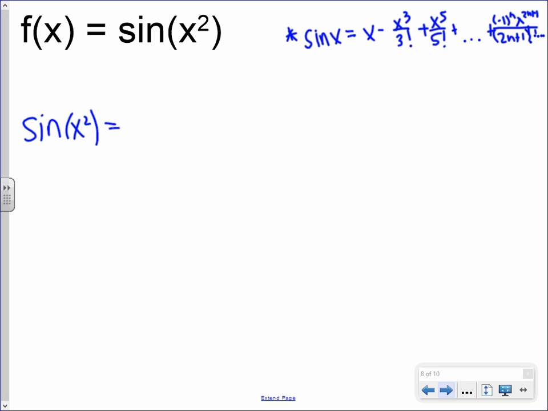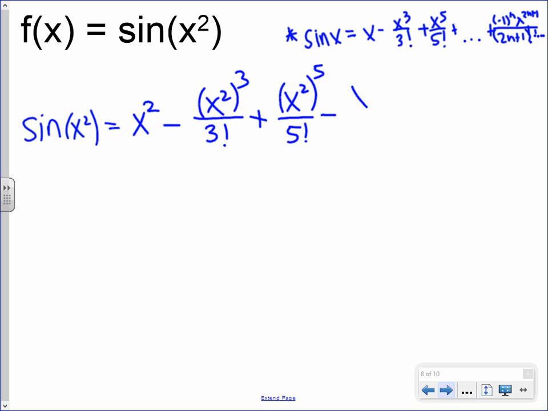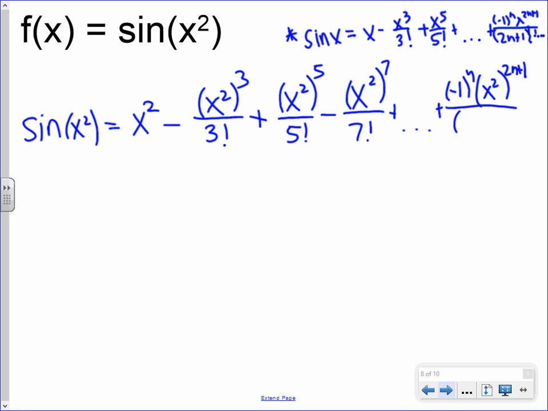wherever there's an x, make it an x squared. So this would be x squared minus x squared cubed over 3 factorial plus x squared to the 5th over 5 factorial minus x squared to the 7th over 7 factorial, all the way until negative 1 to the n, x squared to the 2n plus 1 over 2n plus 1 factorial.